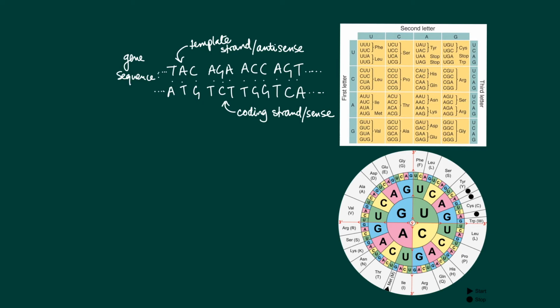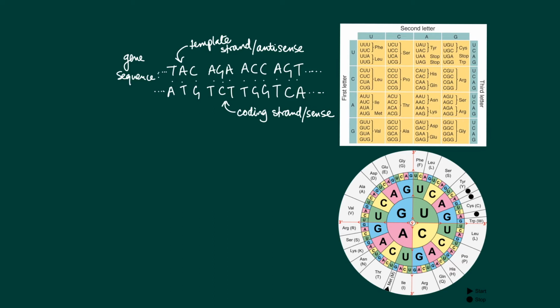So when transcription happens, our template strand is going to be used to make a complementary RNA strand, and it's going to read very much like our coding strand, or the sense strand, the complementary strand to the template strand.